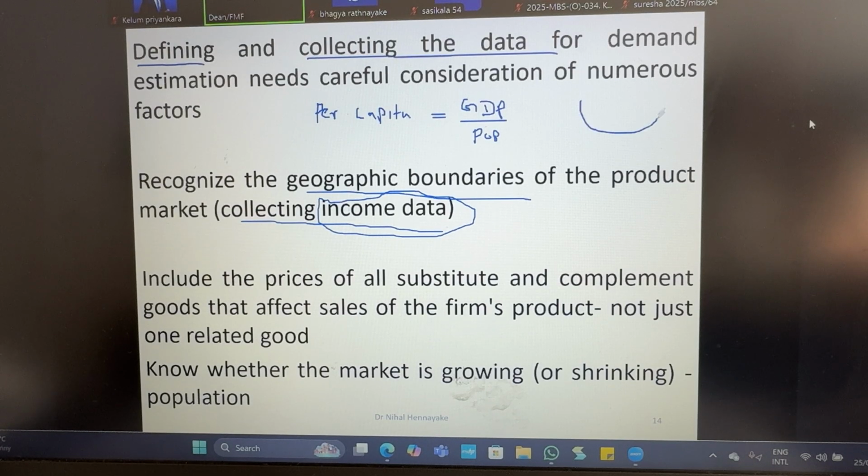If you are studying the Monaragala area, for example, taking per capita income may not be that relevant. Why?